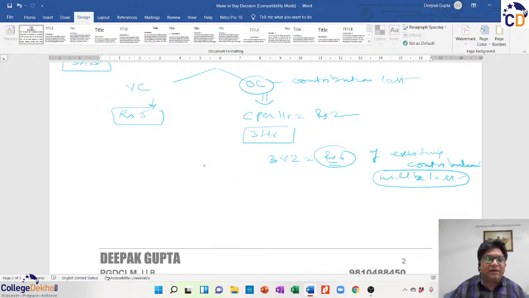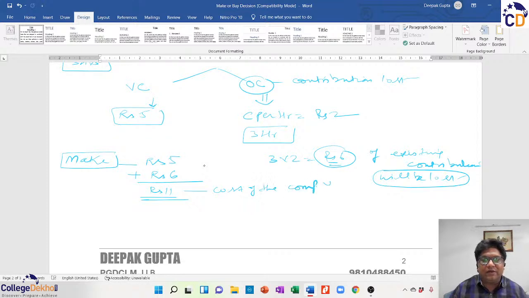So what is happening here is that if you make the product, then the explicit cost, that is the variable cost of production, will be ₹5, and the opportunity cost, that is the contribution lost, will be ₹6. So this 11 will be the cost of component Y if made in-house.